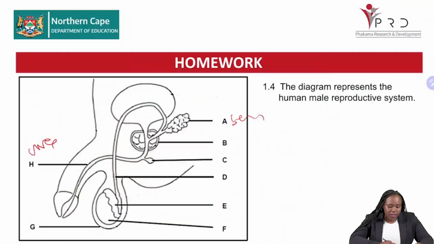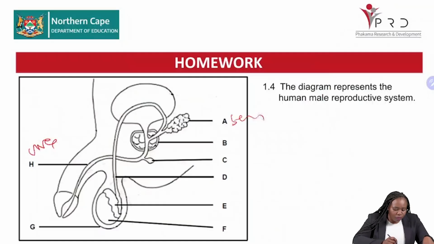If you know that, for example, part D transports sperm cells, then you would know what would happen if part D is cut, or if part H is cut. If you do not know, and the question says, if this part is cut, then the male will produce semen without sperm cells, you will not know that it is part D or part H, because you only know the labels, but not the functions.